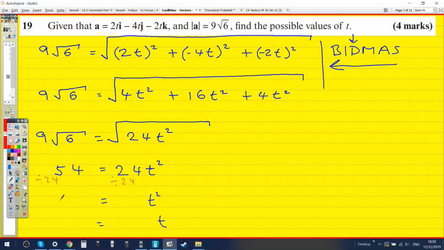So t squared equals 54 over 24. Yeah. And now how do you get t? T equals plus or minus square root of 9 over 4. So t equals plus or minus 3 over 2.